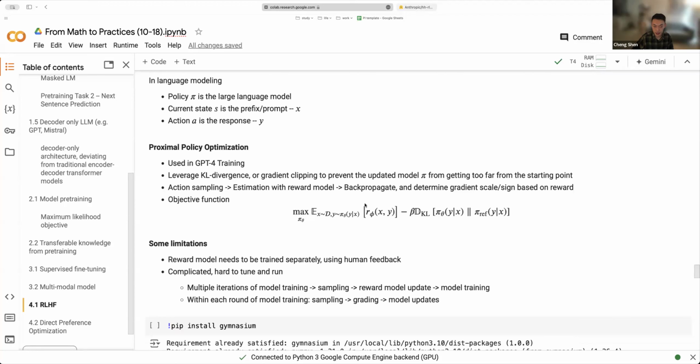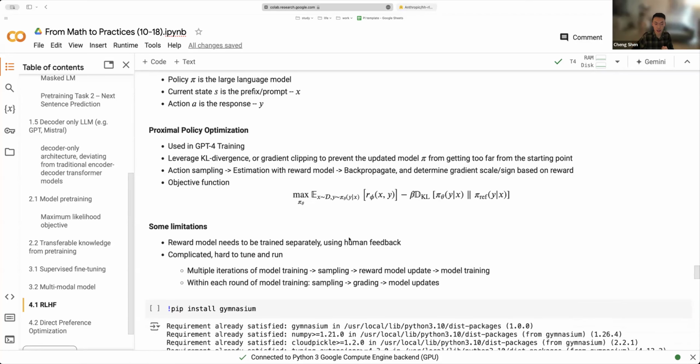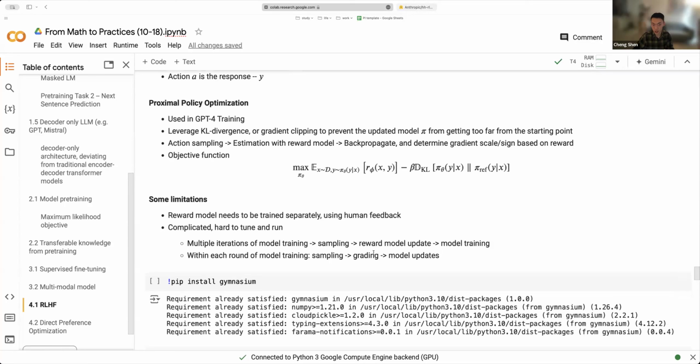The problem with it is that to mitigate this gap that we cannot back propagate the reward into the policy gradient, during the model training we first sample the outputs from the model. Then we run the reward model to grade these samples, and then we use the graded rewards to do model updates. So the whole process has some complications in it.